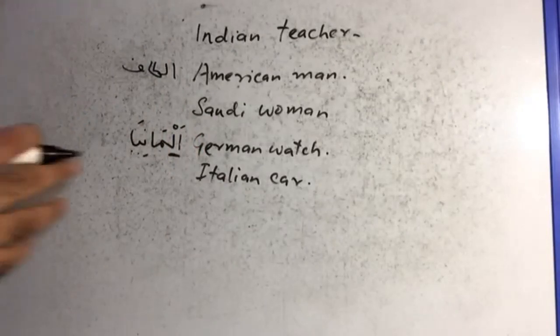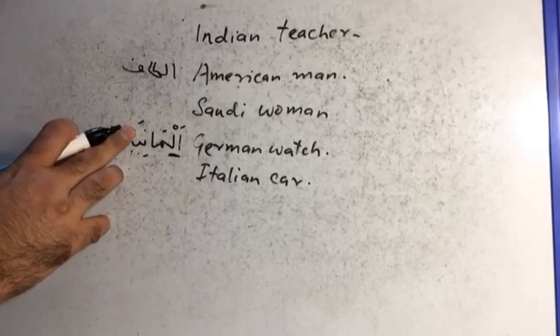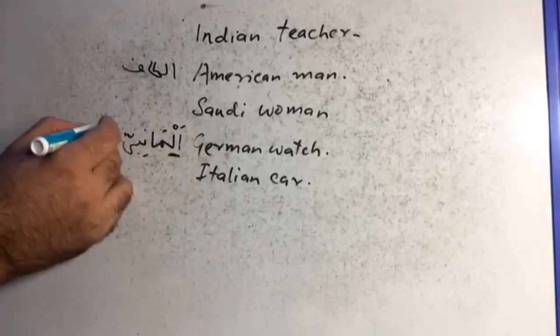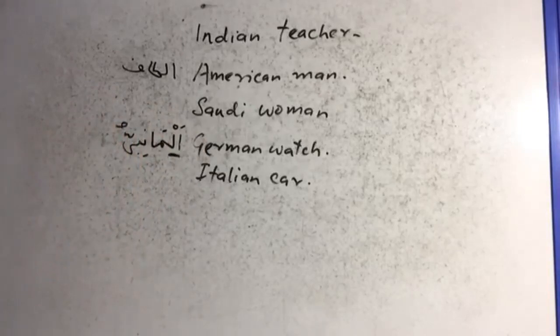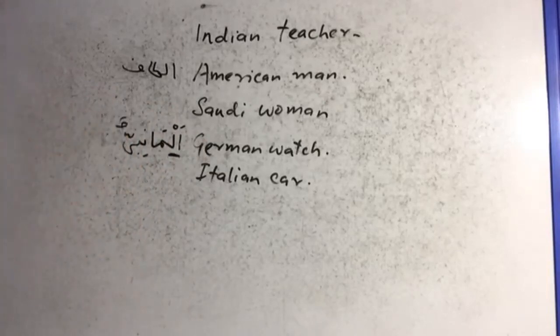So if I had to say German, Almaniyun, right? Almaniyun will be German. Now, if it's a watch, a watch is what? As-sa'atu, right?